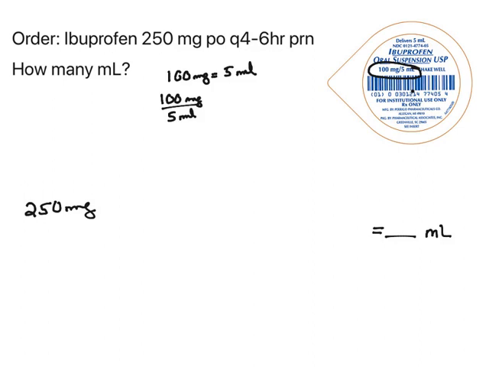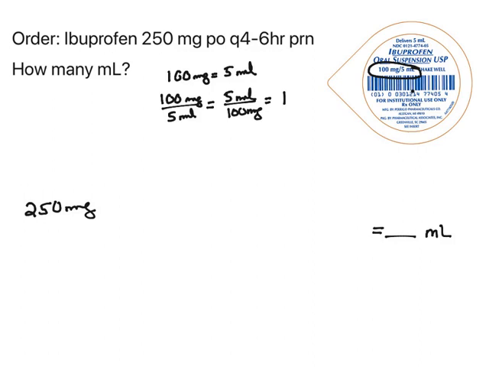And so I can do that, or I can flip it the other way around and say 5 mLs over 100 milligrams, and both of those are equal to 1.